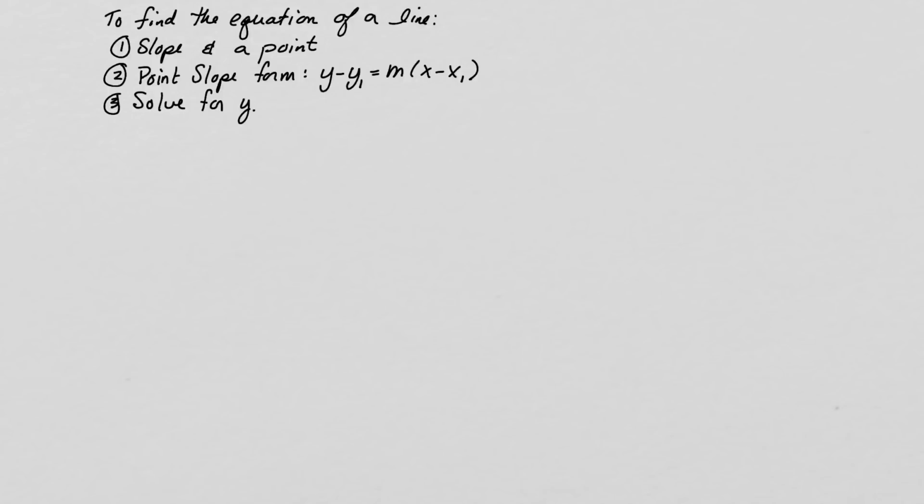Now, you could solve these problems without using point-slope form. You actually could just use y equals mx plus b form. But I personally think it's easier to use point-slope form. Solving for y gives us y equals mx plus b.